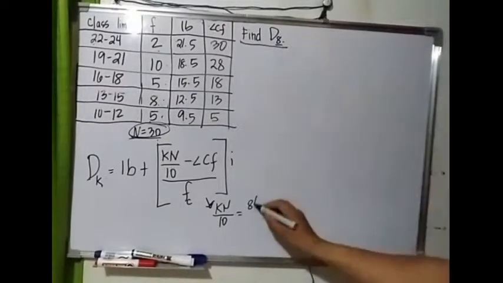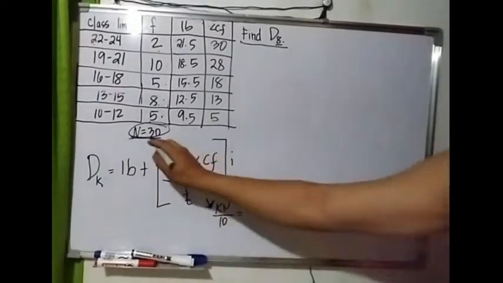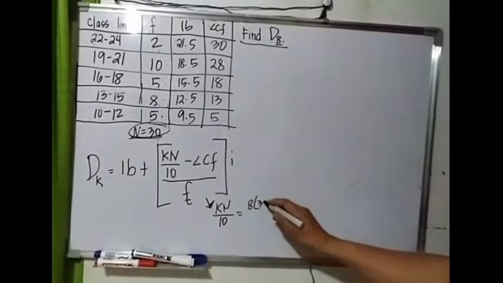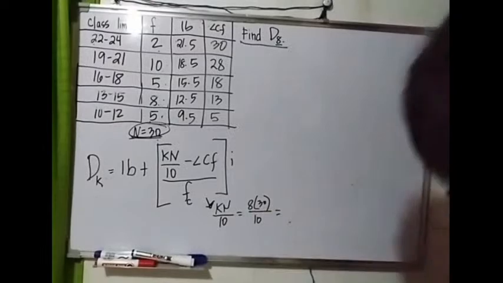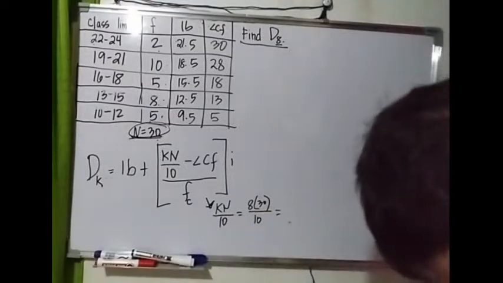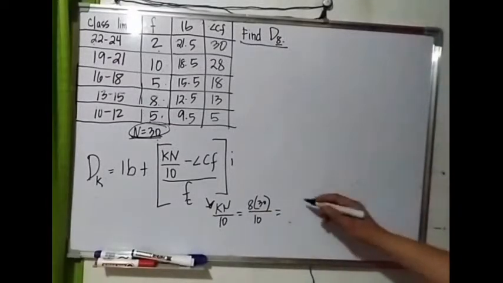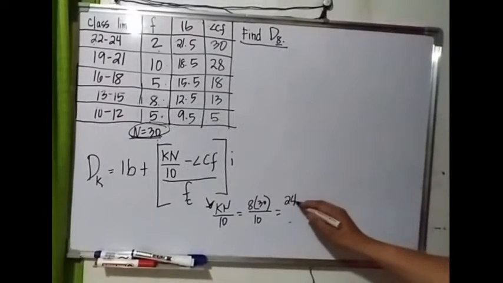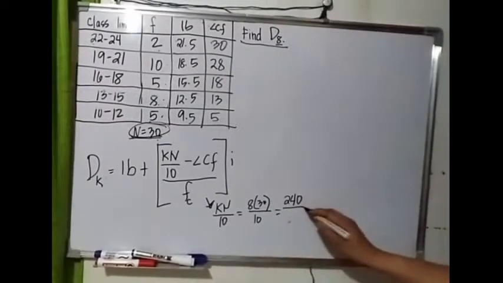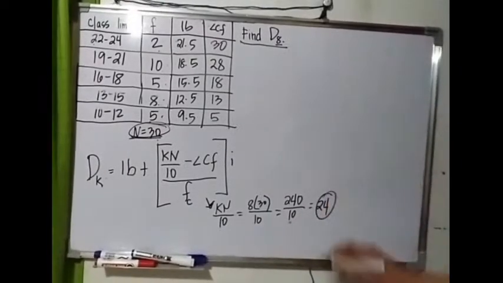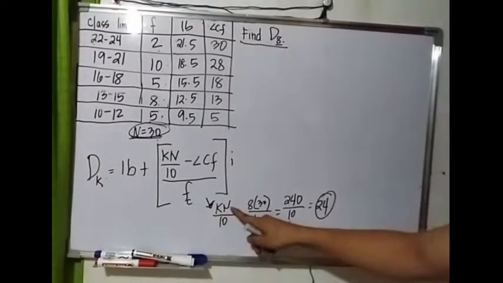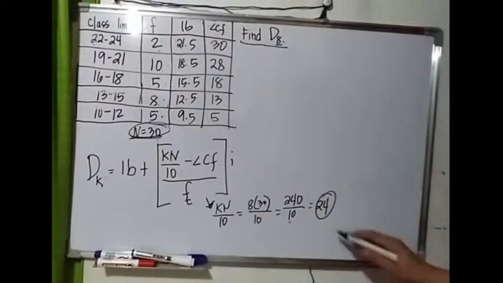So 8 times value of n, that is 30 over 10. So 8 times 30, that is 240 over 10, so that is 24. So that is the value of k times n over 10. So ito yung pinaka-importante, 24.